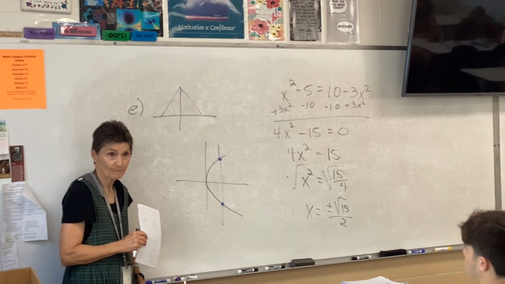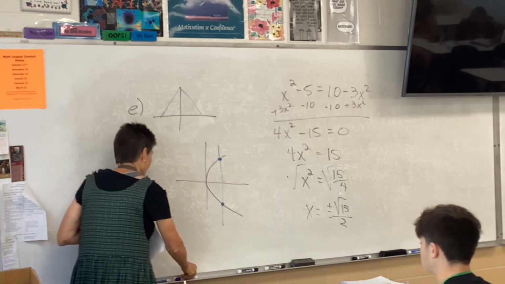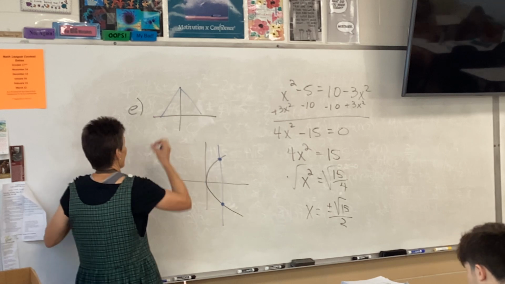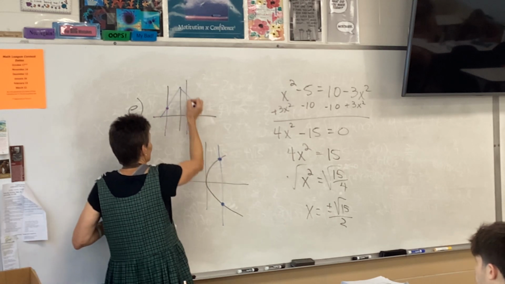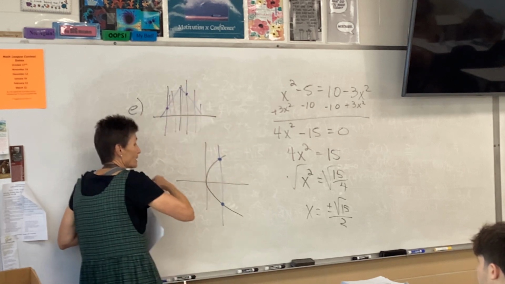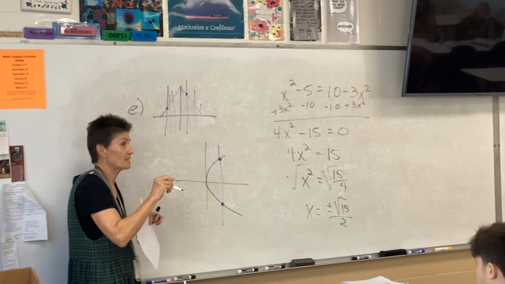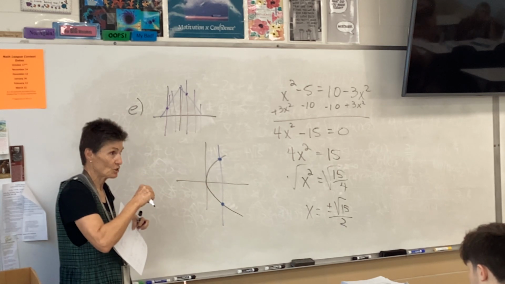Does that sound familiar? Now look at this one. A vertical line. How many times does it hit? No matter how many vertical lines I draw down through there, purple hits blue only once. That means it's a function.